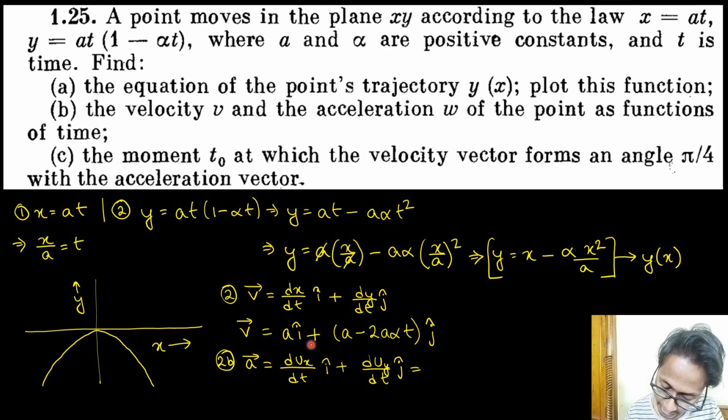When you differentiate a with respect to t, we get 0 because a is a constant, so 0, plus what happens when we differentiate the y component with respect to t? We get minus 2a alpha, so minus 2a alpha j. Our acceleration vector equals minus 2a alpha j.